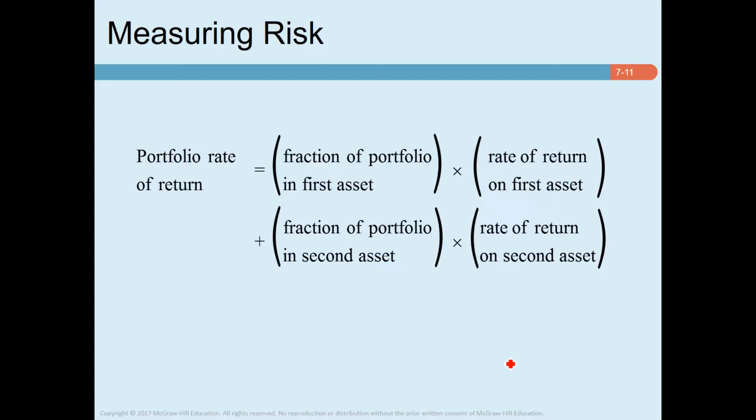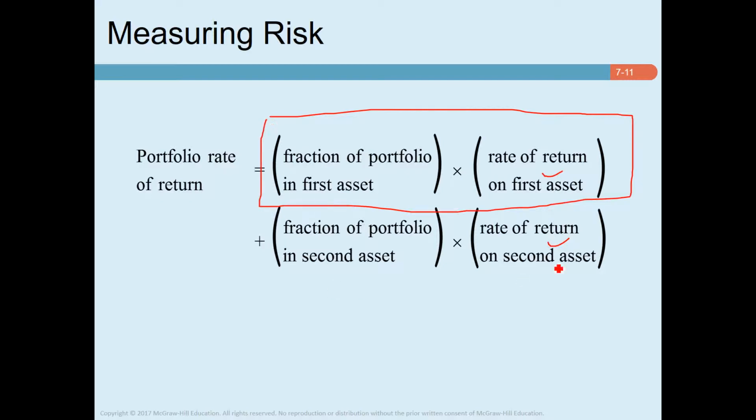Let's say you have two assets, asset 1 and asset 2. How do we calculate the portfolio return comprising these two assets? We do a very simple thing. This is the rate of return of asset 1, and this is the proportion of investment in asset 1. We multiply these two. And this is the rate of return of asset 2, and this is the proportion of investment in asset 2.